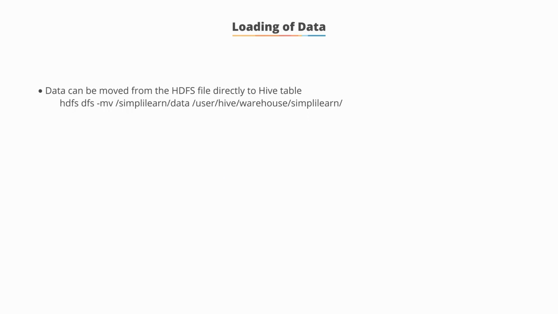Loading of data. Data can be loaded in the Hive table in the following 2 ways. First, directly move the data from the HDFS file to the Hive table using the HDFS dfs -mv syntax as shown in this example.